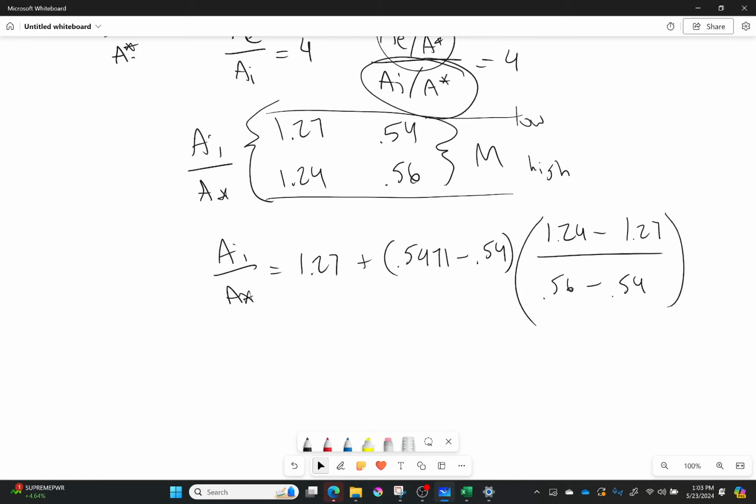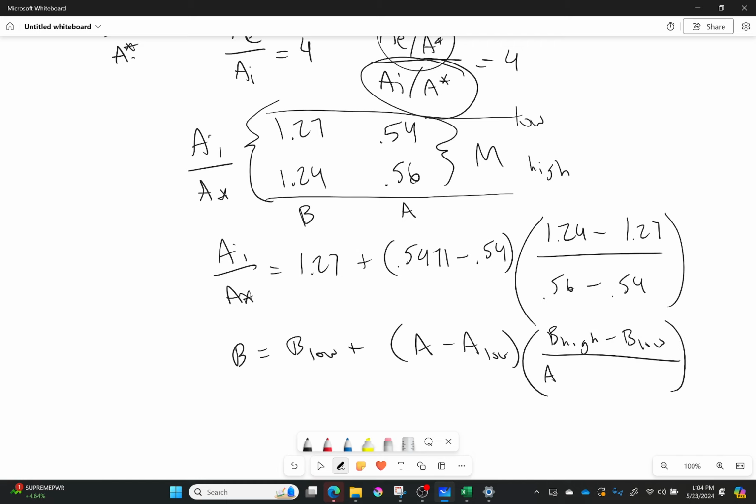Beautiful. And writing that out a little bit differently for you, I'm going to say F for find, and I'll just call them A and B. So this one right here is B, this is A. Just writing out an equation for this for you: B is equal to B low plus A minus A low times B high minus B low, all over A high minus A low.